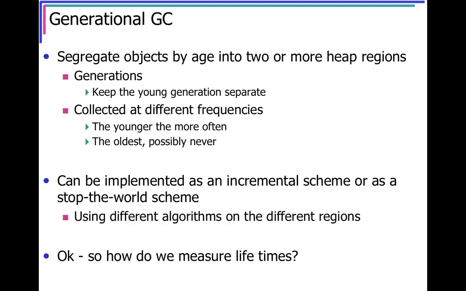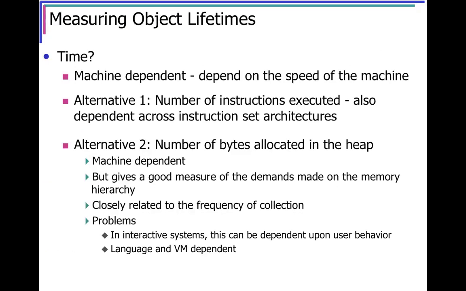So the first thing we have to understand is how we're going to measure lifetimes of objects. We can't really use time because time is machine dependent and it depends on the speed of the machine. So an alternative to this is to measure or estimate time in terms of the number of instructions that are executed. But since we have different instruction set architectures, this may not be good because time will be different across these different architectures.